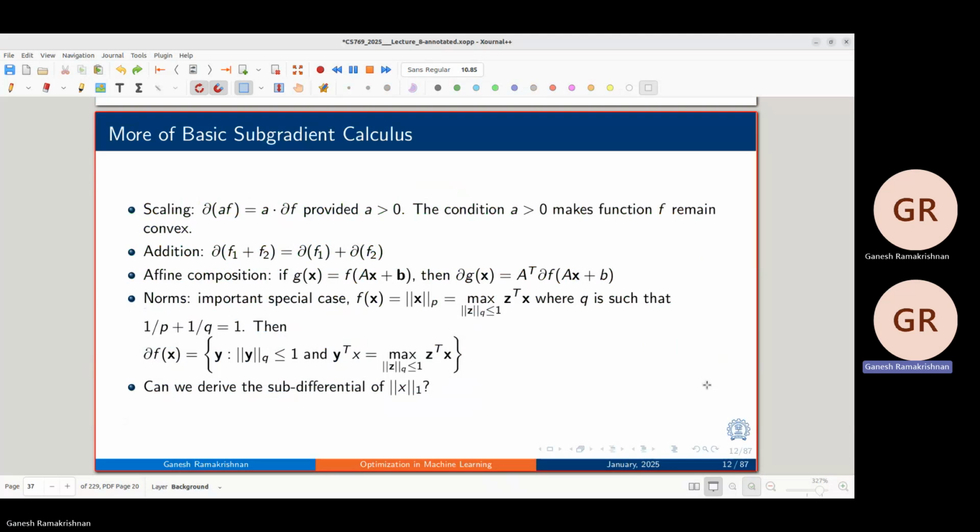We saw these two cases, and then we also saw f applied to multiple g's. What happens to the subdifferentials in those cases? The composition is the other interesting thing, because I like log sum exp, which we showed through some composition.